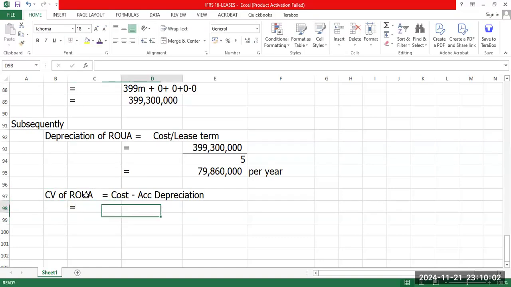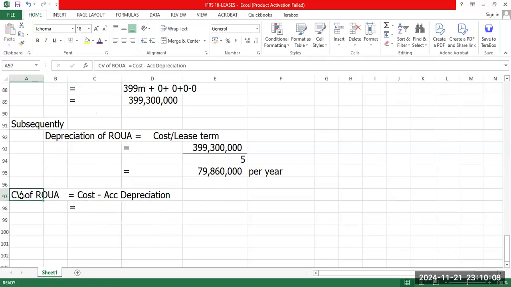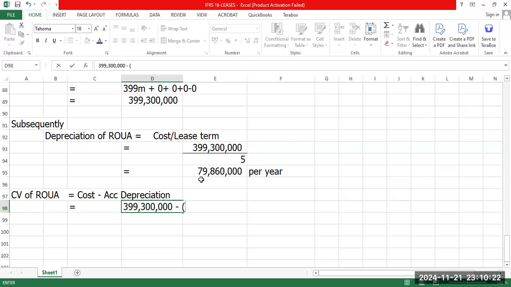So the cost, the right of use asset, is 399,300,000 minus open bracket, the depreciation for each year, 79,860, times how many years?